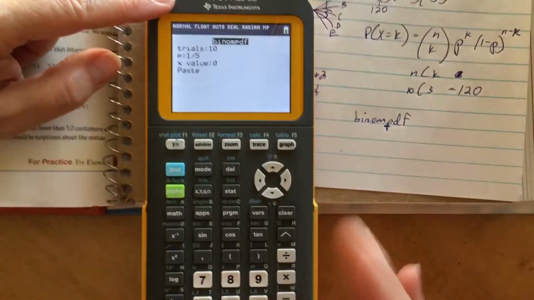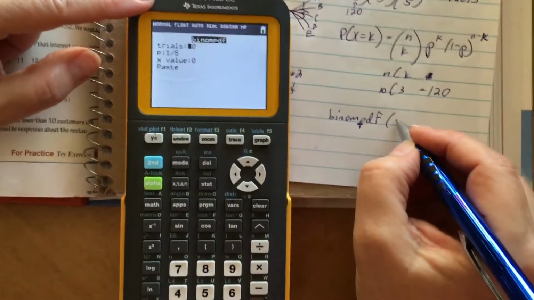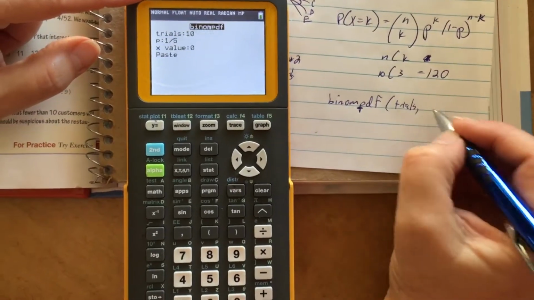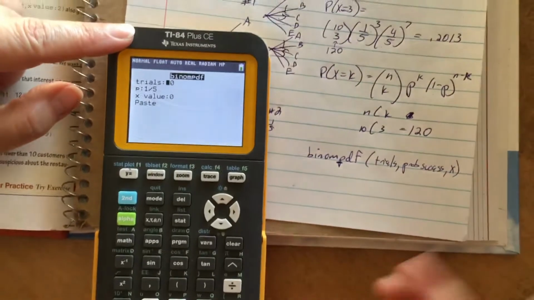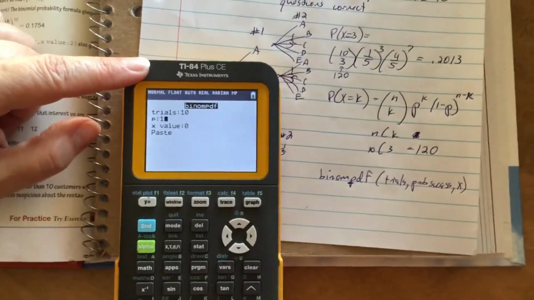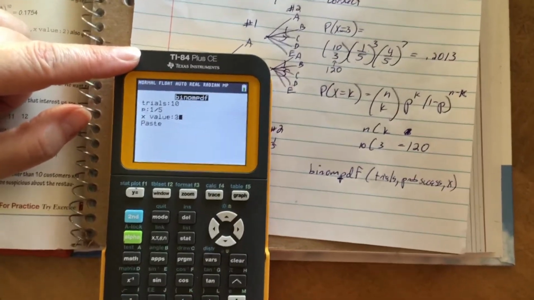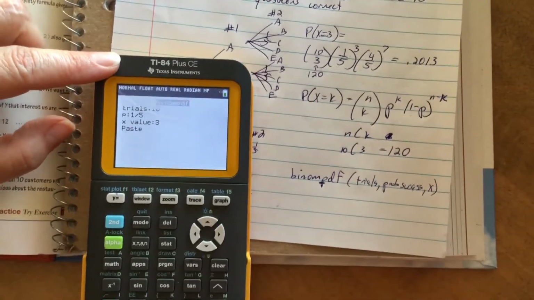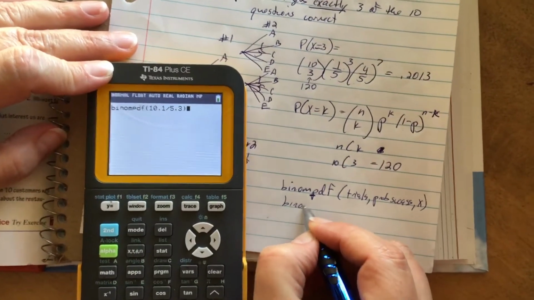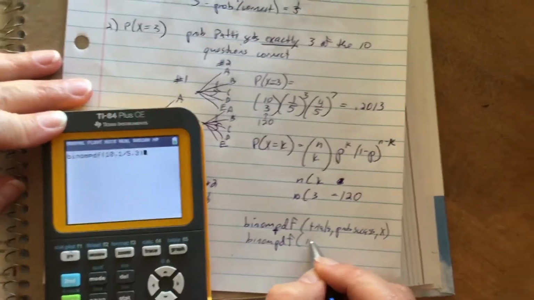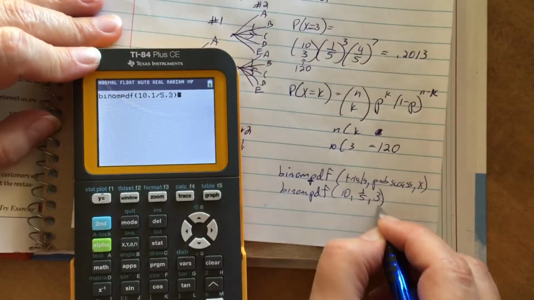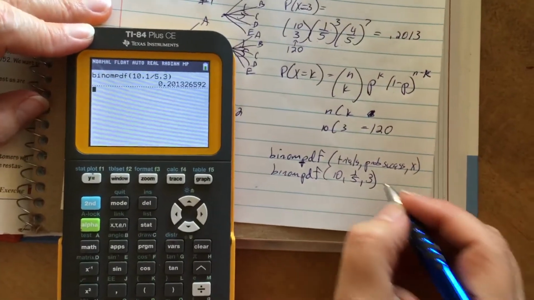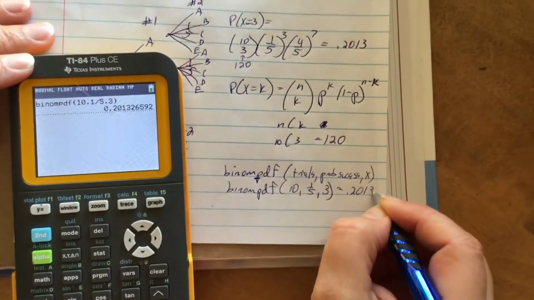We want the number of trials, the probability of success, and then the X. So we're going to do 10 trials, probability of success is 1/5, and the number of successes I'm concerned with is 3. So I have binomial PDF, 10 trials, probability of success 1/5, and I'm concerned with 3, and if I hit equals, that is exactly what I calculated before.